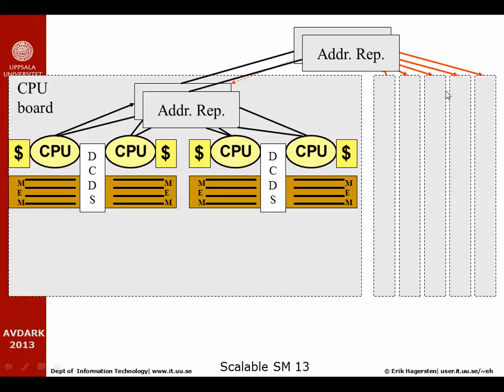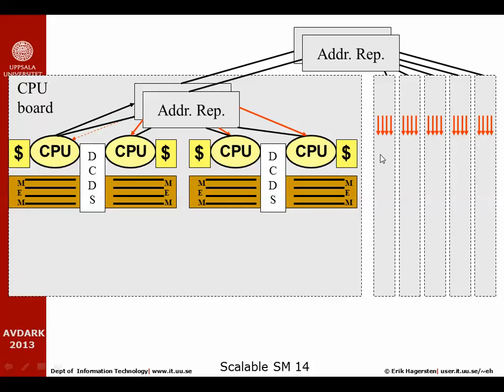So all the address repeaters at this level get this information in the very same cycle. And the very next cycle, all of them propagate that information down to each of the 4 CPUs in each of the 6 subsystems. So a total of 24 CPUs get this snoop address, command and data at the very same time.